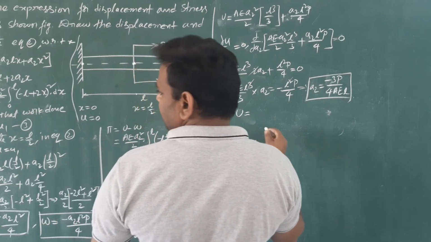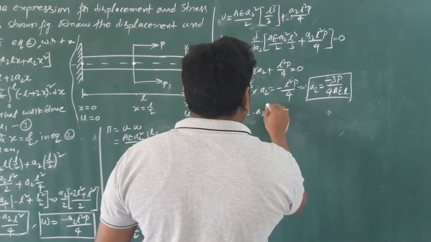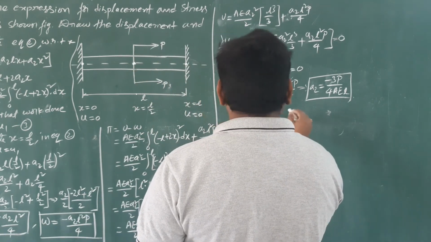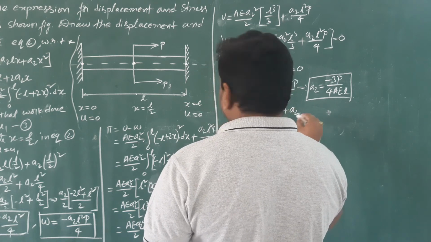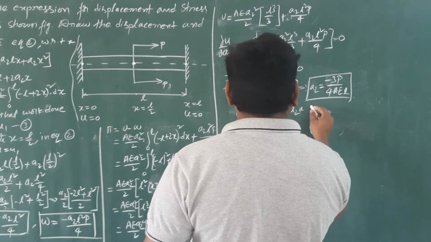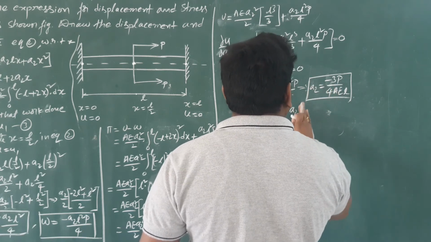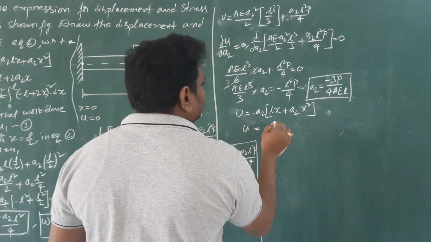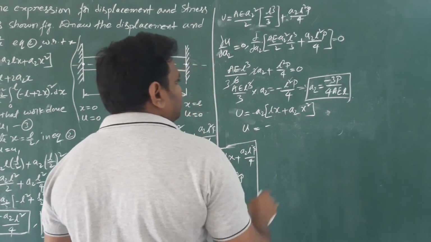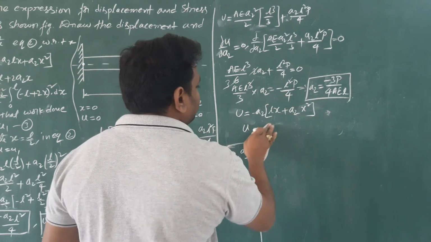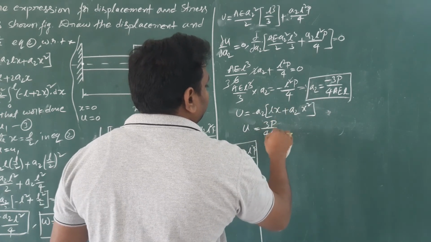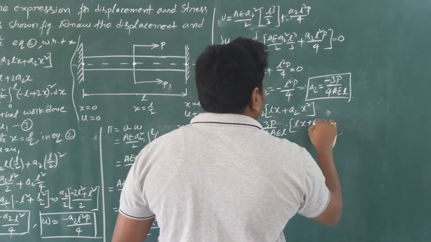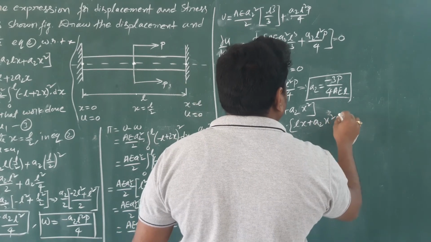You know that u is equal to minus A2 into Lx plus A2 into x square. Okay, so substitute here. u is equal to minus, so A2 value is minus into minus, plus 3P by 4AEL into Lx plus A2 x square.